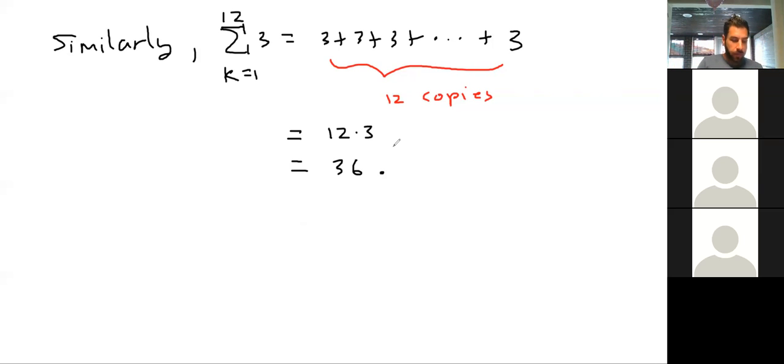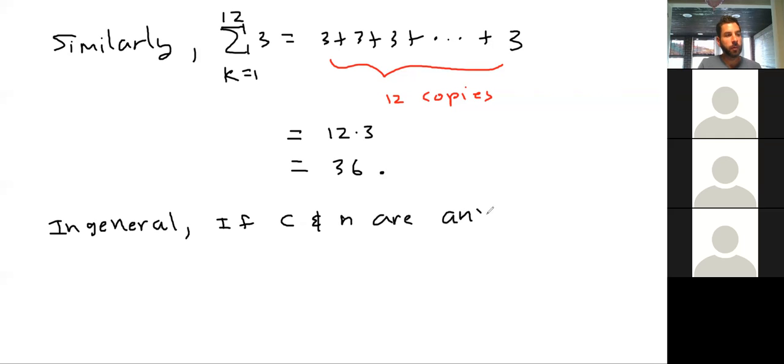So what we have is the following. In general, if I have C and N are any numbers, or I shouldn't say any numbers. Well, I guess I can, but we'll be context here. We have to assume that N is an integer.